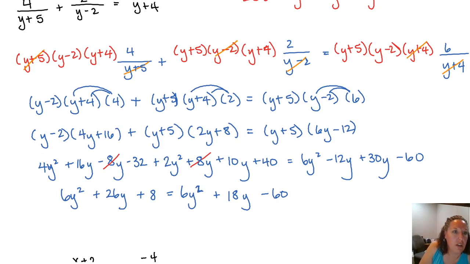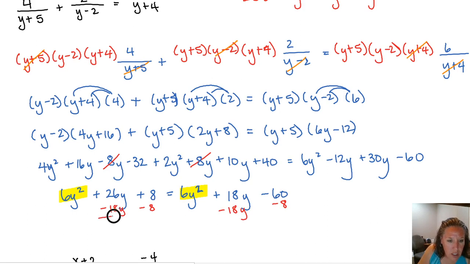And if you notice, we have a 6y squared on both sides. So if we move those all onto the same side, those are going to add to 0. So let's go ahead and we'll subtract our 8 and subtract our 18y to give us 8y.